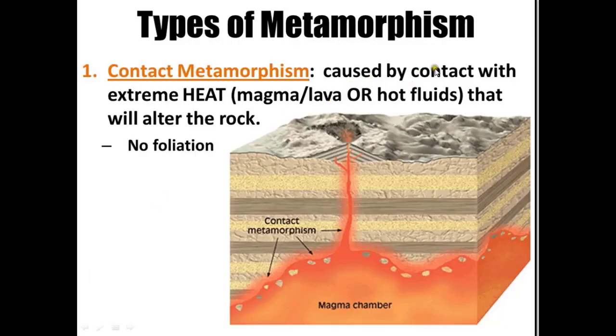It is caused by contact with extreme heat and magma or lava or hot fluids that will alter the rock. So no foliation is found here. You can see the magma chamber here, and these rocks are formed above this magma chamber. So contact metamorphism is the process where such rocks are formed.